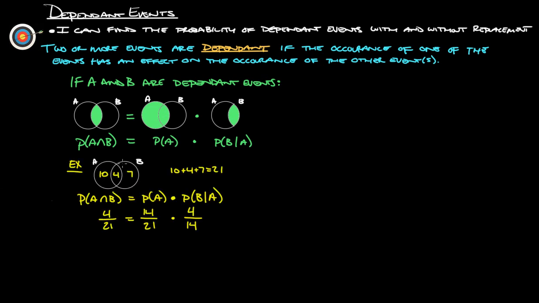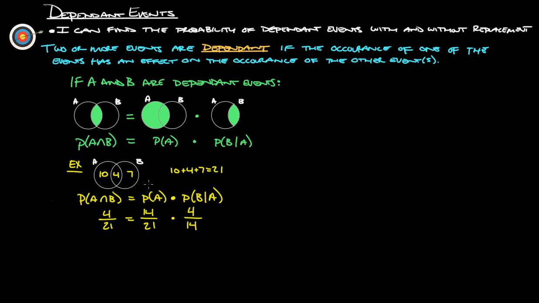So here's an example. Let's say we've got 14 total things in A, and we've got 11 total things in B. If I want to figure out the probability of this thing happening here in the middle, the probability of A and B, which is 4 out of the 21. Another way you can find that is finding the probability of A, which is 14 out of the total 21.